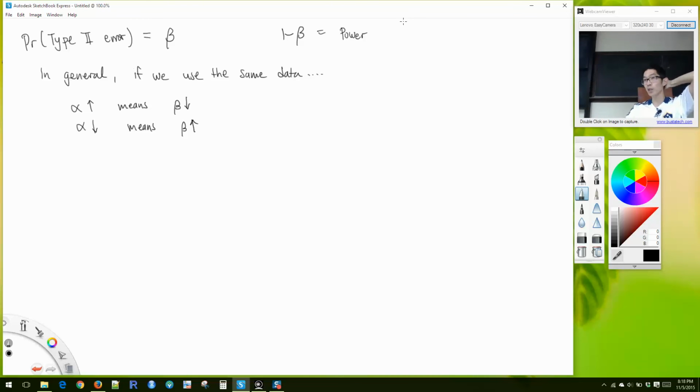A type 2 error is incorrectly failing to reject the null hypothesis. So the complement of that would be... well, a type 2 error is failing to reject the null when the null is false.